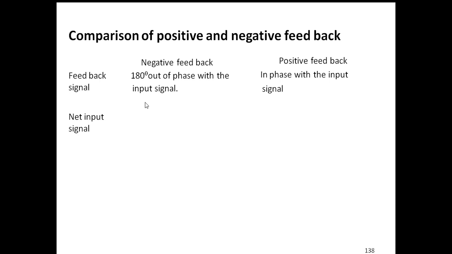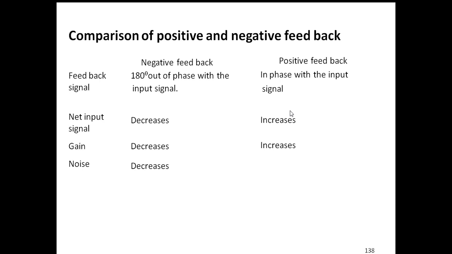The net input signal in negative feedback decreases, whereas in positive feedback it increases. Gain: since the net input signal decreases, the output signal also decreases, therefore gain decreases. Since it increases in positive feedback, the overall gain increases.